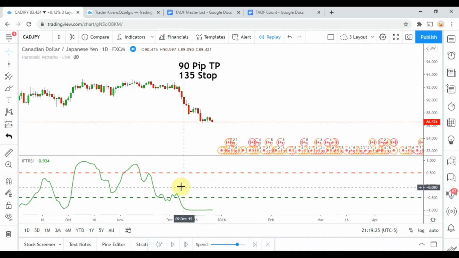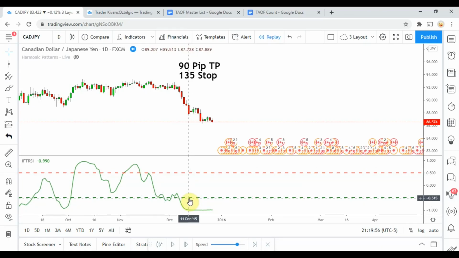And then down here on the bottom side, we have this green dotted line that is at the negative 0.50 designated area.